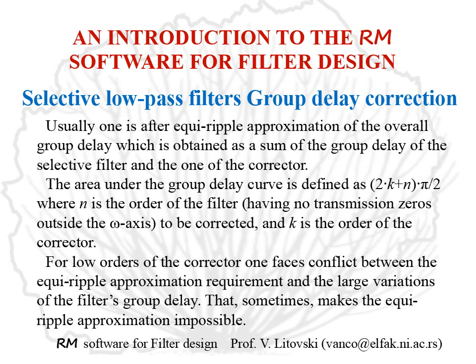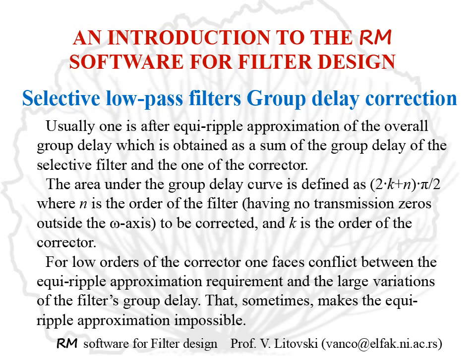Usually, one is after equi-ripple approximation of the overall group delay, which is obtained as a sum of group delay of the selective filter and the one of the corrector.